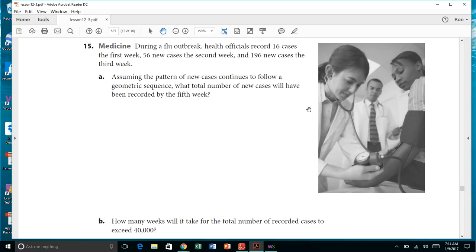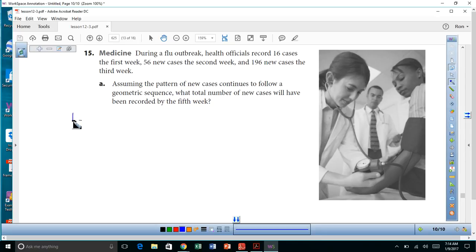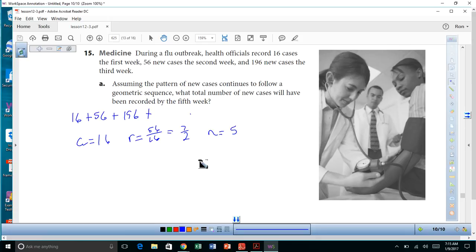So the first is 16 plus 56 plus 196 plus, and then we need two more, right? Okay, so there's three. So A equals 16, R equals 56 over 16, which is 7 halves. And then N equals 5.